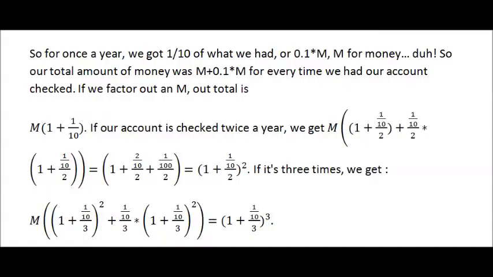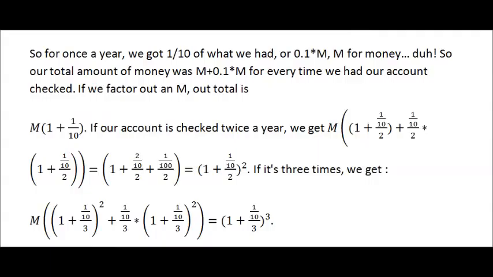If our account is checked twice a year, then we get 1 plus (1 over 10) over 2 the first time that our account is checked, and the second time we then input the 1 plus (1 over 10) over 2 to where the 1 used to be, which is equivalent to (1 plus (1 over 10) over 2) squared.